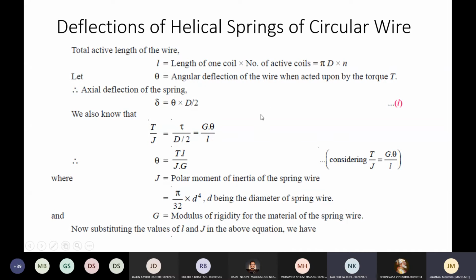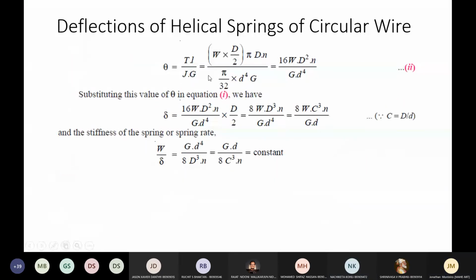So this delta is that y that you drew, right? Wait a minute. Let me come back now. Sir, I can tell you, if you draw a right angle triangle with the hypotenuse length equal to d by 2, the height of the triangle will be the axial gap between the coils.